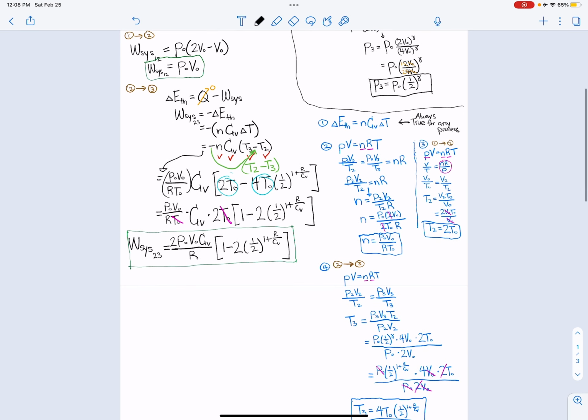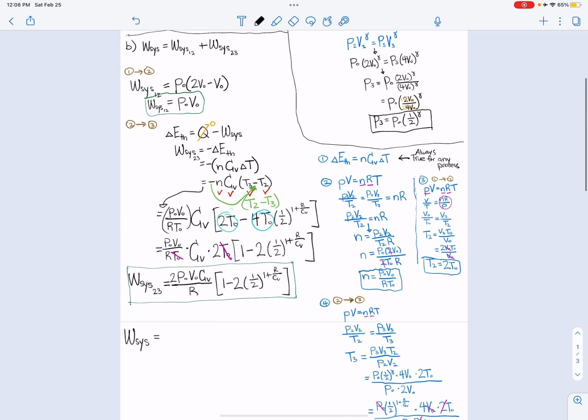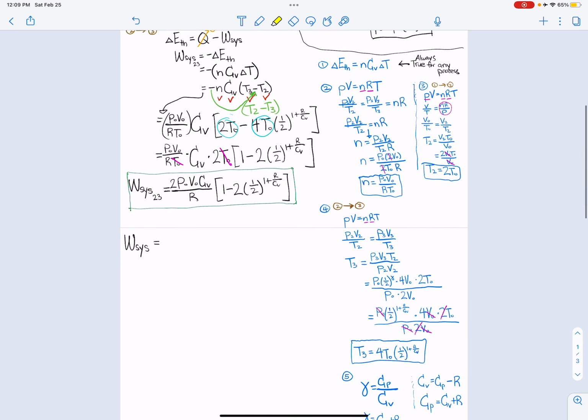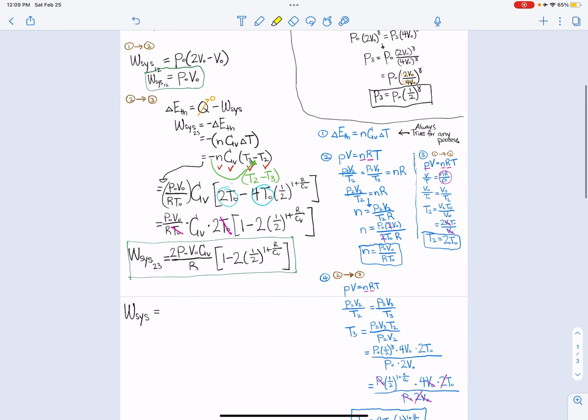So work done by the system totally is equal to work done by the system from 1 to 2, which was right here, right? That was what we solved for initially. Plus work done by the system from state 2 to 3, which is right here. We solved for that too. You may have forgotten that because we had so many side missions to do to get there, but we're there. We're almost done.